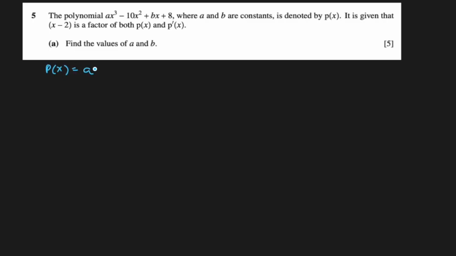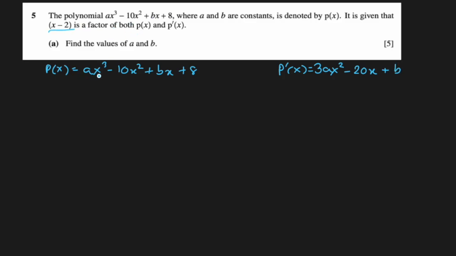P(x) is ax cubed minus 10x squared plus bx plus 8. Right, and what will be the P prime of x? That means differentiation of this will be 3 comes in front, 3ax squared minus 20x plus b.